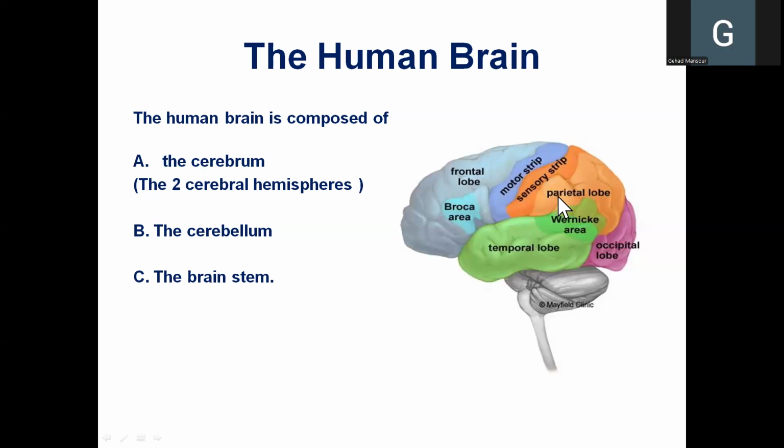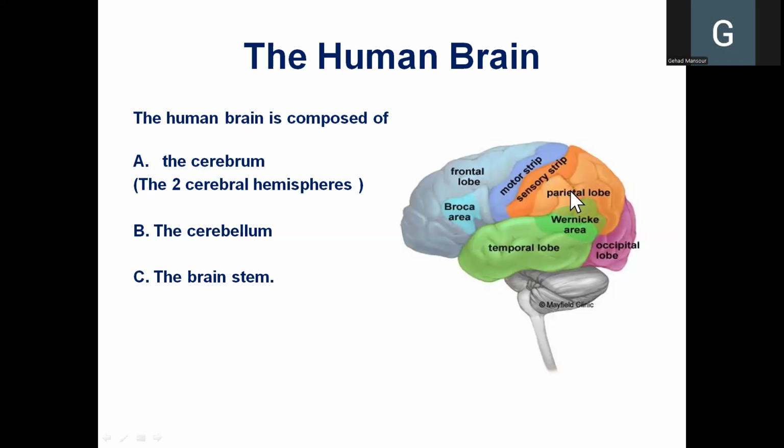So there is a kind of integration, because when you touch something, for example, you're using your touch sensation, which reaches the sensory strip in the parietal lobe, but you also have to recall what this represents.